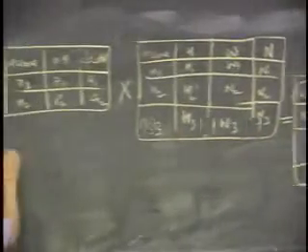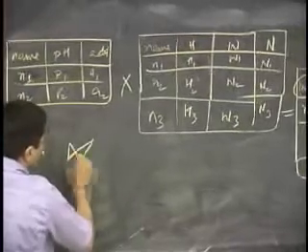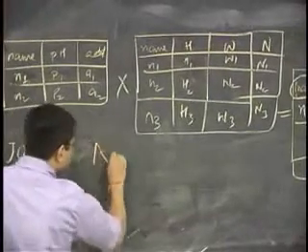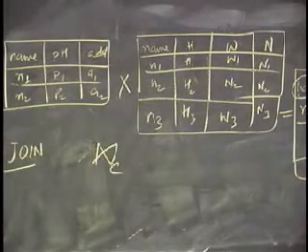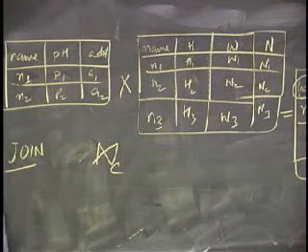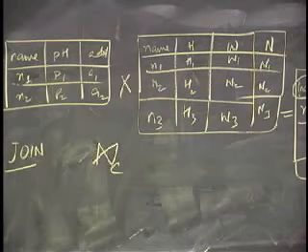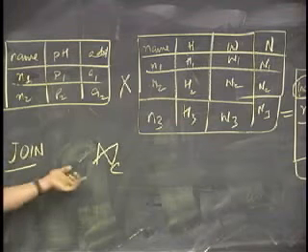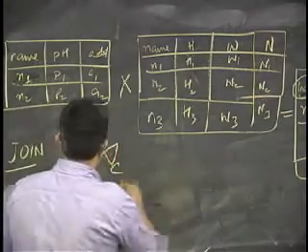So then joins were defined. A join is a Cartesian product which is followed by a selection or a projection. Depending on what type of join it is, it will be followed by it.